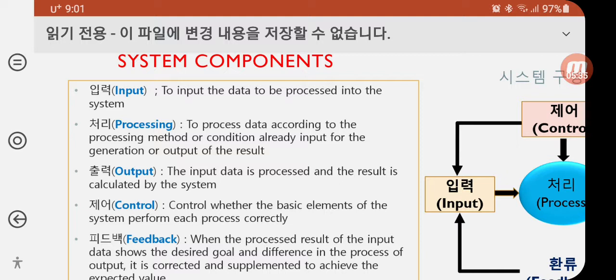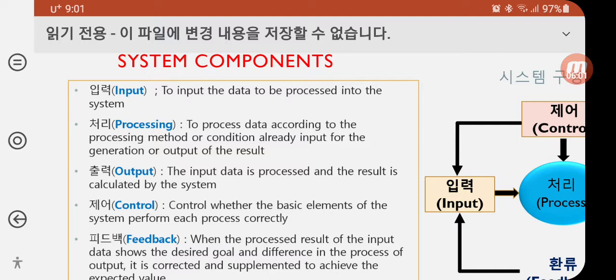A processing unit processes data according to the processing method or condition already input, for the generation or output of the result. Output unit: the input data is processed and the result is calculated by the system.